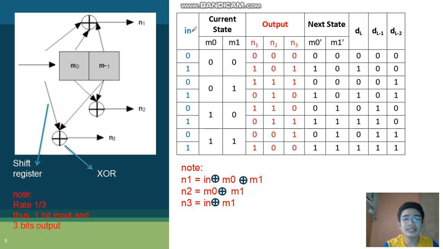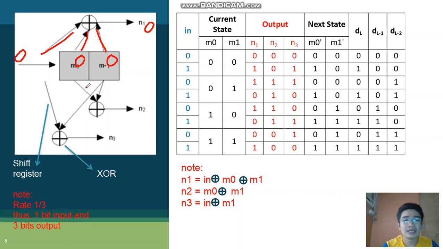For example, in this the input is 0. We will put it in this, and the current state is 0, so M0 is 0 and M1 is 0. 0 XOR 0 is equal to 0, XOR 0 is equal to 0.